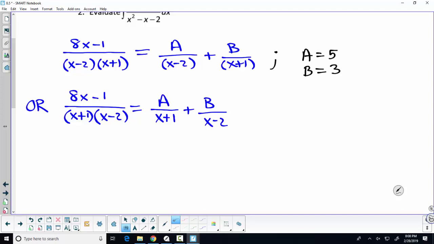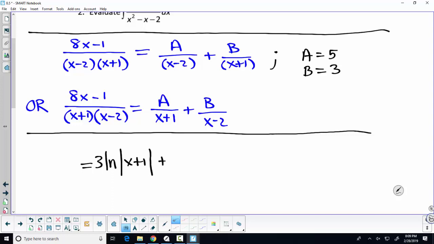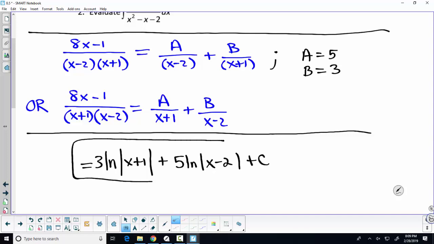And so you should come up with the answer as 3 ln absolute value x plus 1 plus 5 ln absolute value x minus 2. So simple linear factors on that one as well.